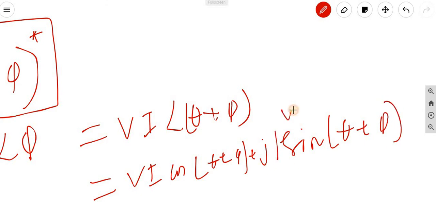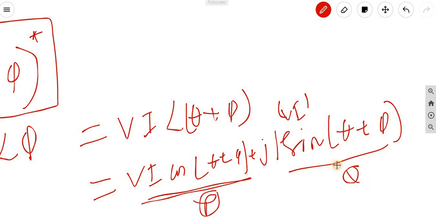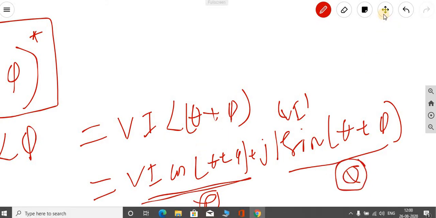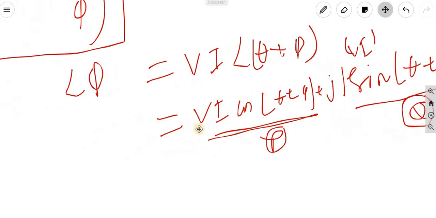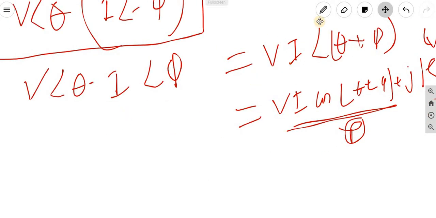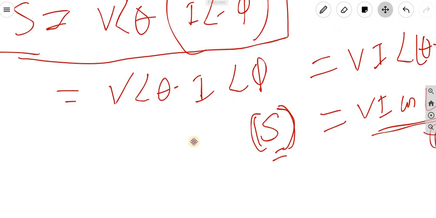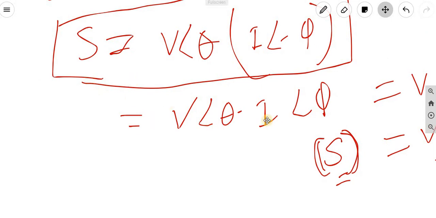So this is active power and this is reactive power. There are two components, one real and one imaginary, and together they form the complex power, represented as S. Clear? That's why it is called complex power.